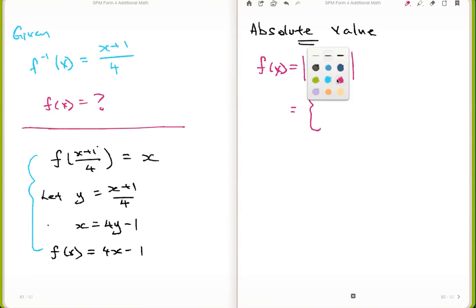The original equation would be x minus 3, and then another equation will be you multiply it with a negative value, it turns out to be negative x plus 3. Right? When do you use this? If your x is greater than 3, so that you always get a positive number.